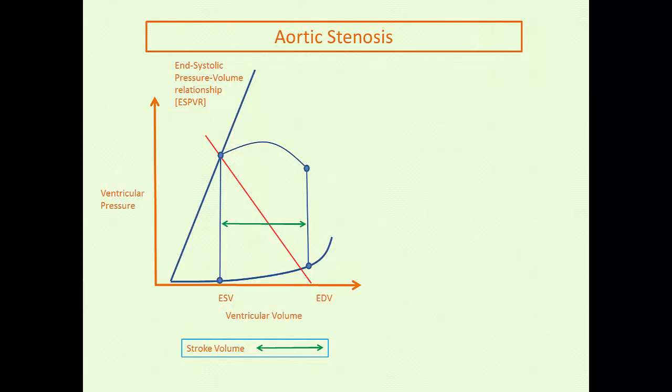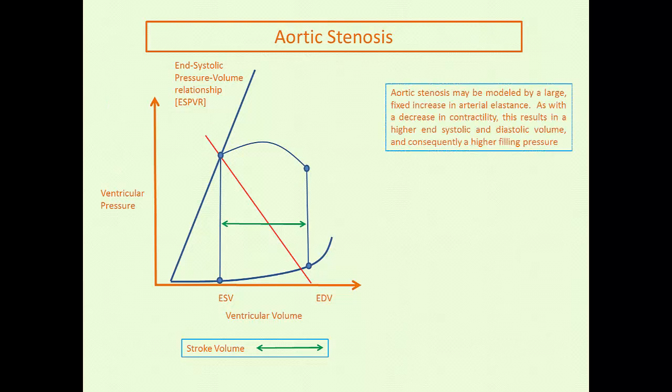Well, what about aortic stenosis? This is sort of like the epitome of very high arterial impedance to flow. And that can sort of be modeled by, it's not exactly the same, because really this red line is truly a marker of the impedance of the arterial bed.